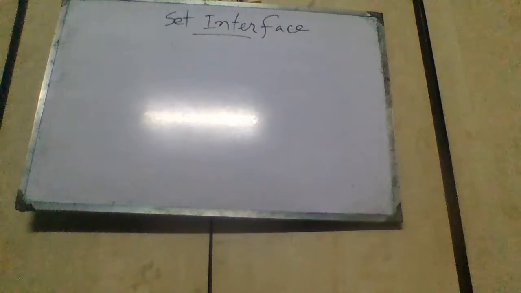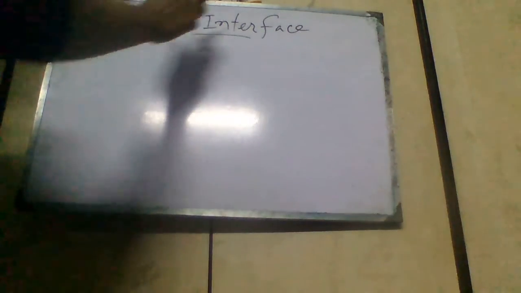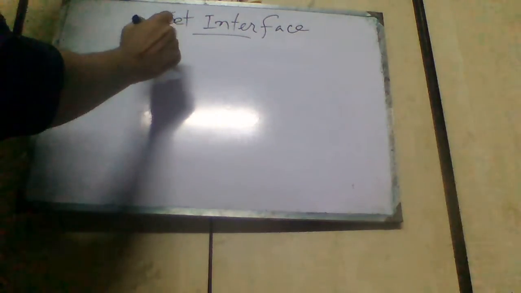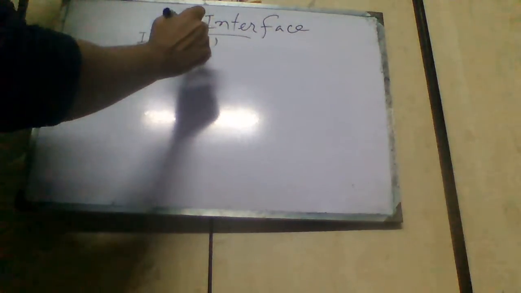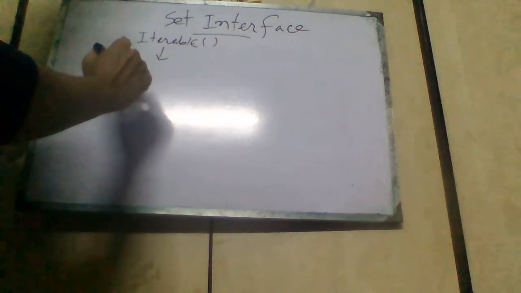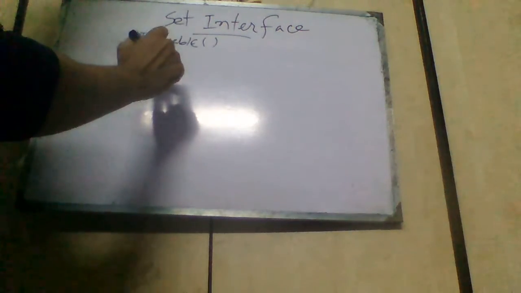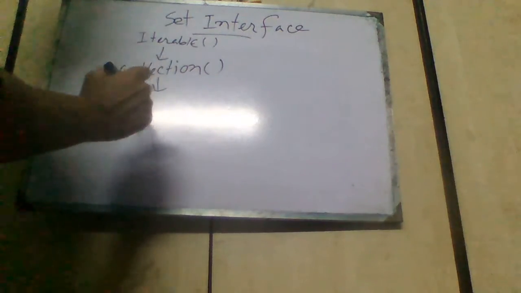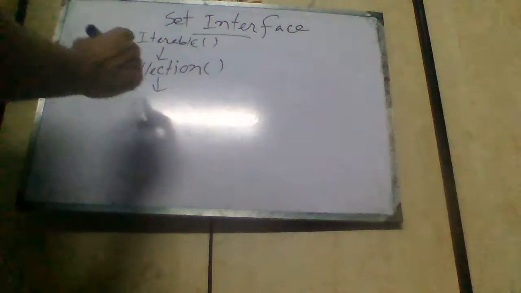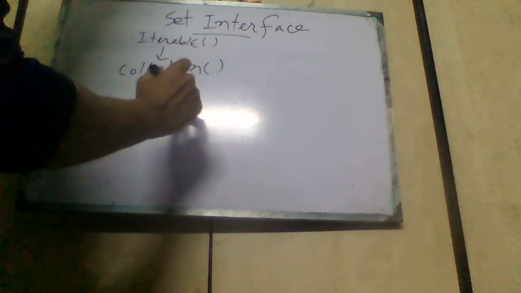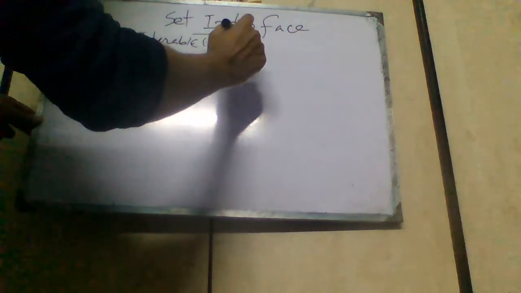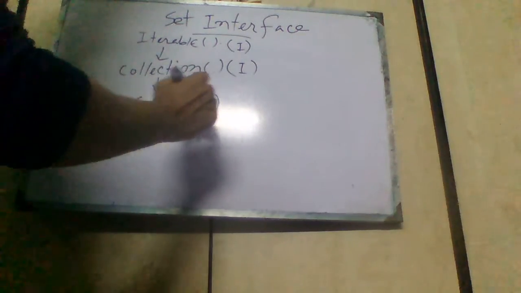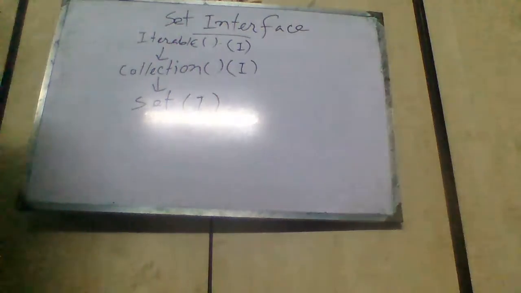If we see the hierarchy of the set interface, here the root interface is Iterable, then the Collection interface, then here will come the Set interface. This is an interface, this is also an interface, this is also an interface.